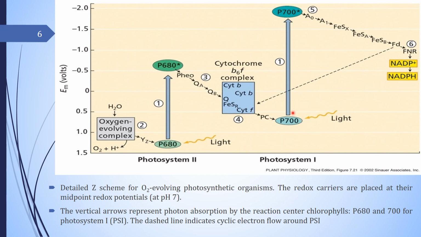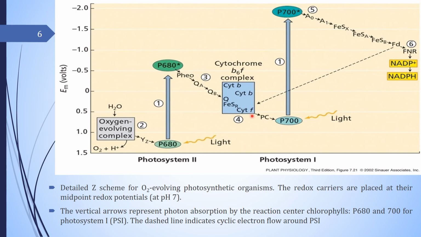The excited PS2, oxidized by the light, is re-reduced by YZ, which is an electron donor, and it receives the electron from the splitting of water, or the oxidation of water molecules. On the reducing side of PS2, to the right of the arrow joining plastocyanin.